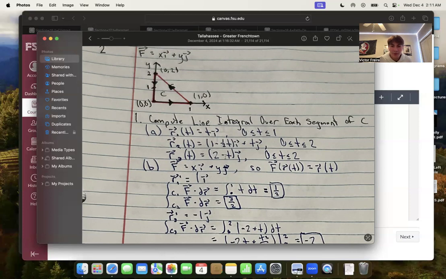And then I chose t to be from 0 to 2. This is because at 0 seconds, it's up here, 2 minus 0 is 2. At 1 second, it's in the middle, 2 minus 1 is 1. And at 2 seconds, it's 2 minus 2, down here at 0. So which is why I chose from 0 to 2.